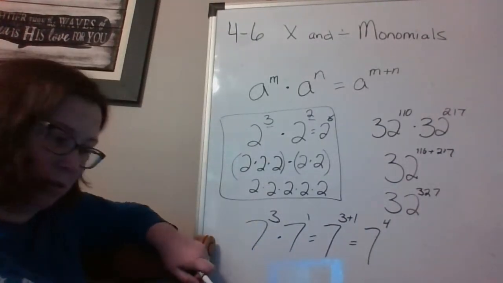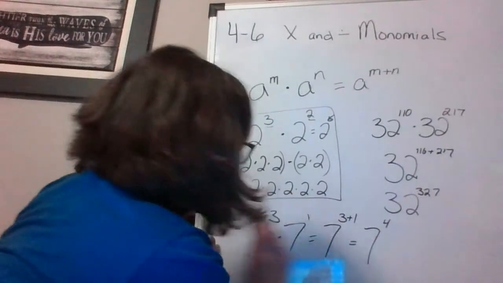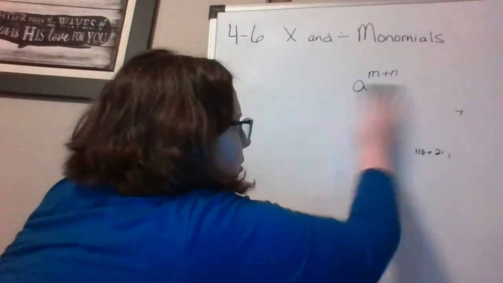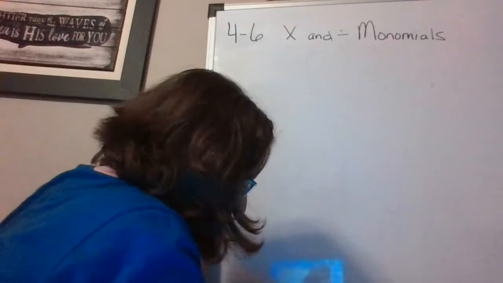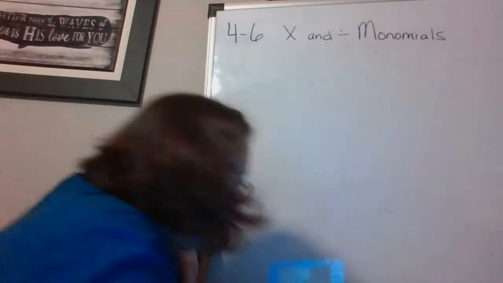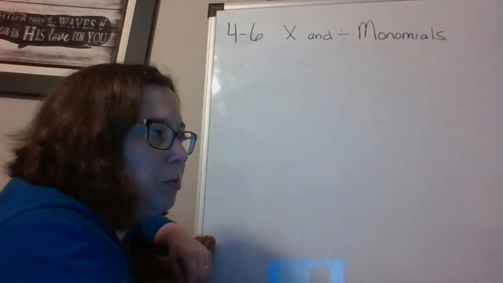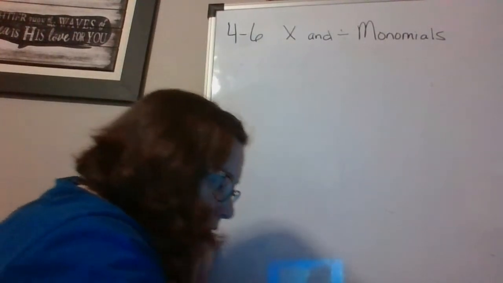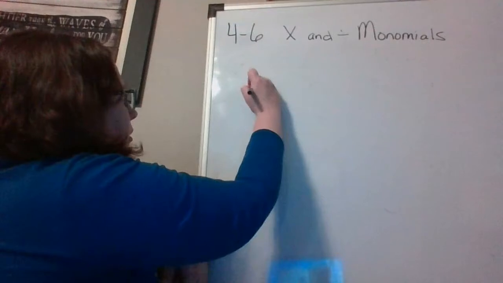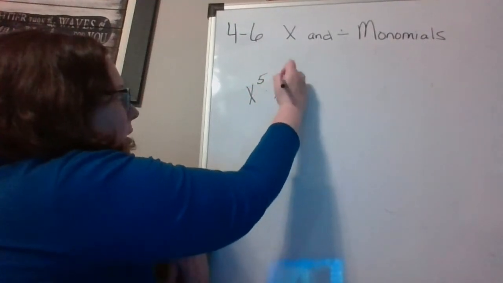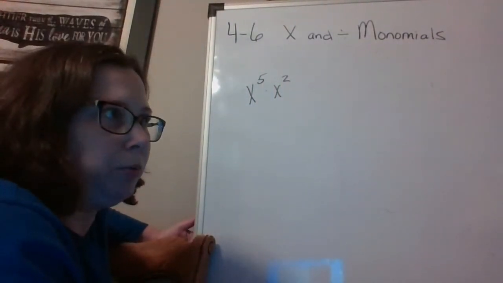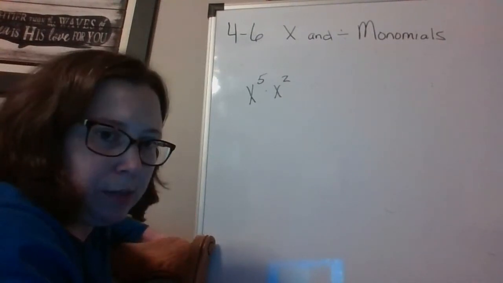The next example, example 2, we have exponents on variables. So this time we have x to the 5th times x squared. Normally when you have a variable in your problem, there isn't much you can do to simplify.